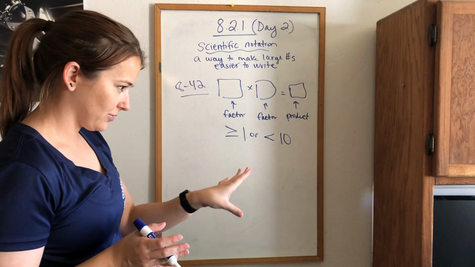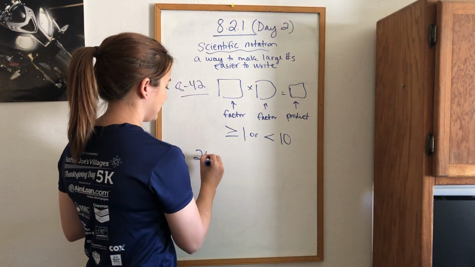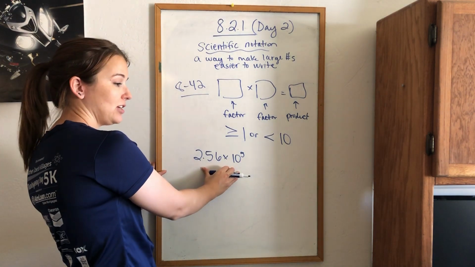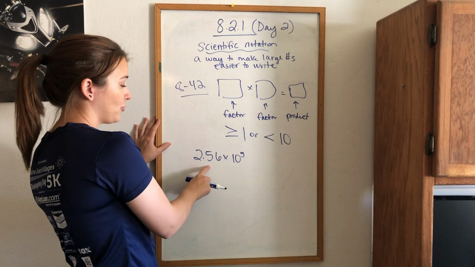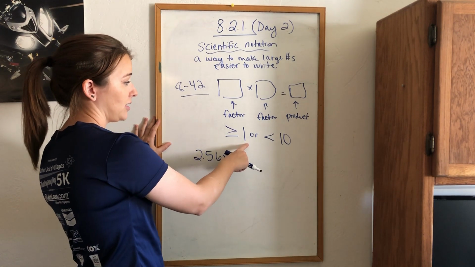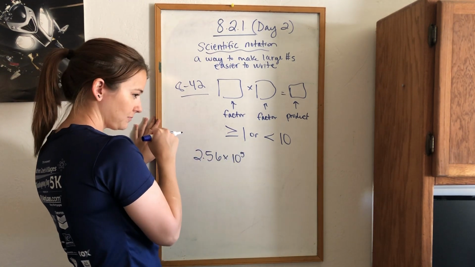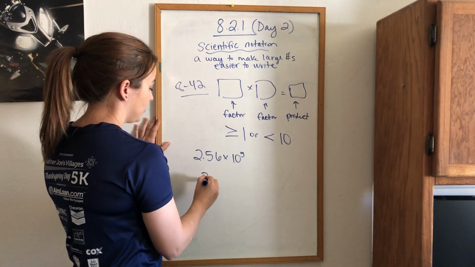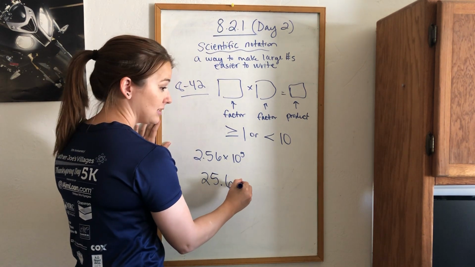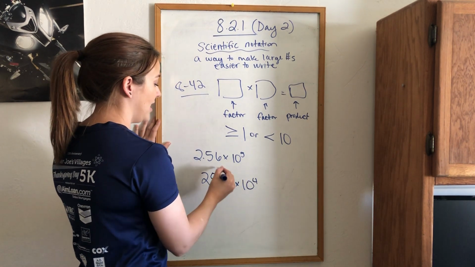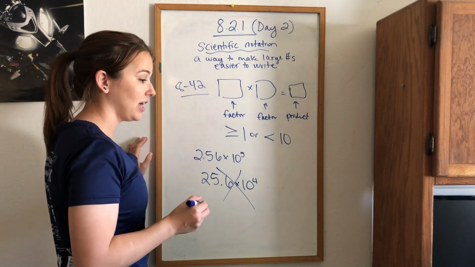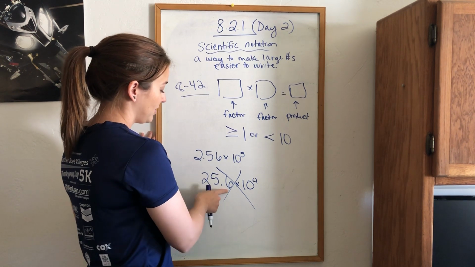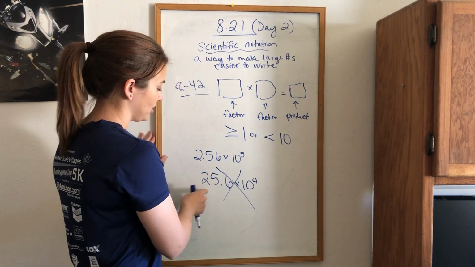For example, 2.56 times 10 to the 5th is correctly written in scientific notation because 2.56 is a number between 1 and 10, and there's a power of 10 as the second factor. But 25.6 times 10 to the 4th is not scientific notation because it's a number greater than 10, and we can't have those in scientific notation.